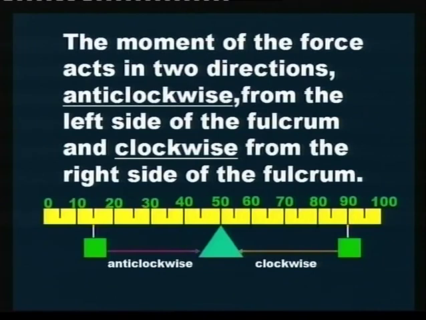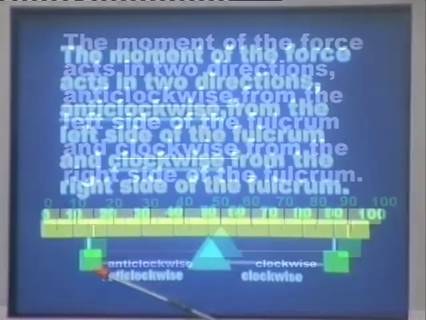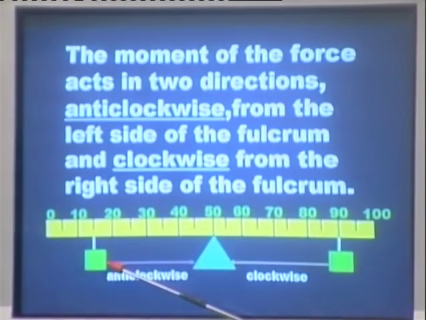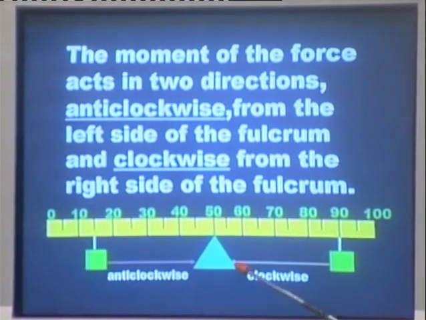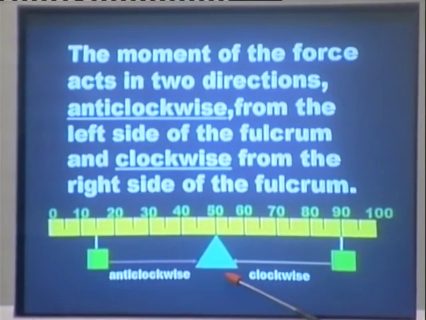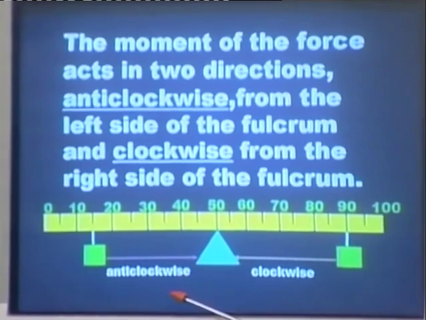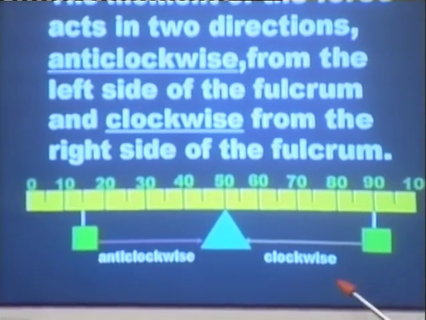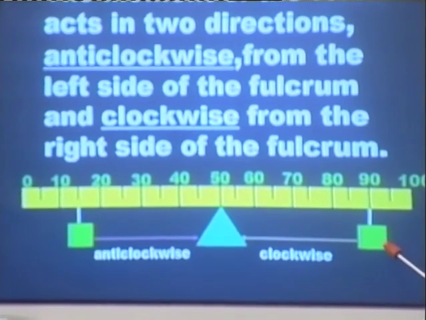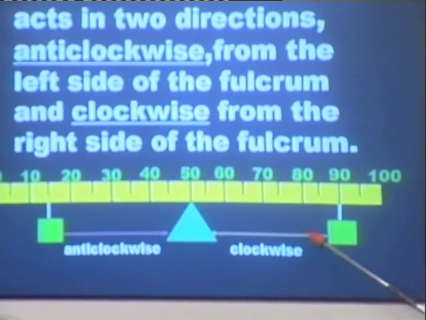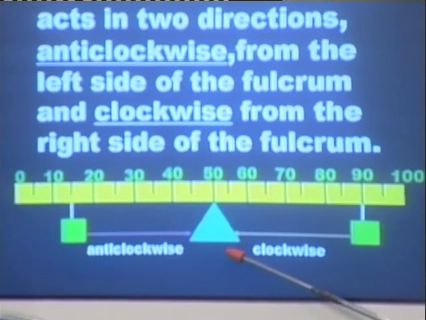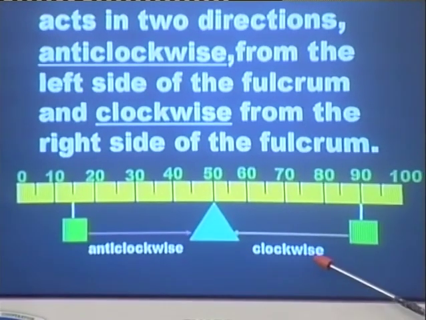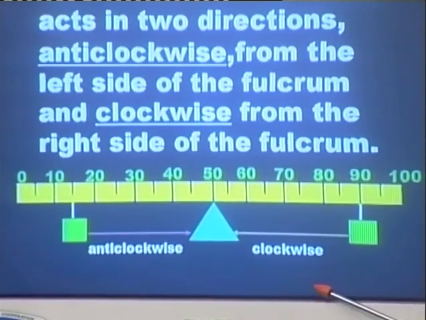If you have a look at the diagram once again, it shows clearly that from the left side, where the load or the force is, to the pivot or the fulcrum is known as the anti-clockwise direction. From the right side to the fulcrum is known as the clockwise direction.